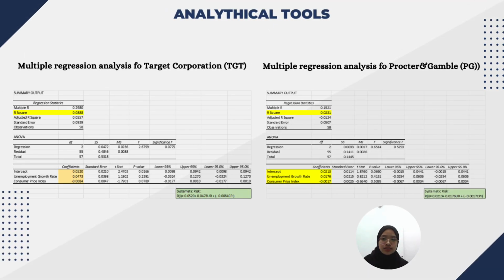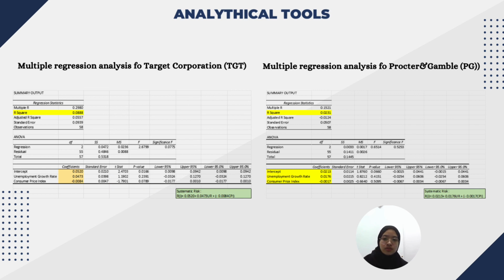Next, for security analysis, we will do a regression for both stocks, Target Corporation and Procter & Gamble. In a systematic risk equation for Target Corporation, unemployment rate is defined as UR and consumer price index as CPI.